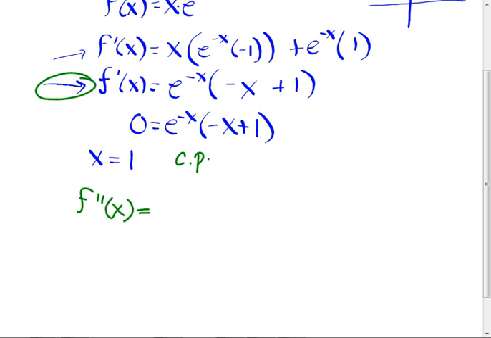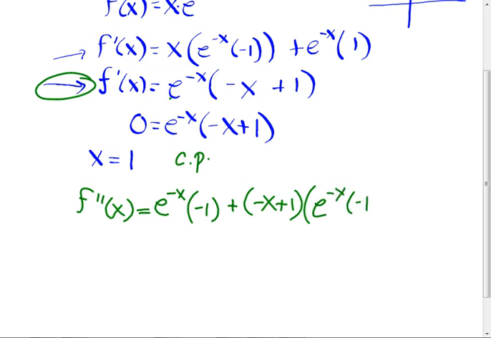So I want to, but... So it's e to the minus x times the derivative of minus x plus 1. Negative 1. Plus, and a minus x plus 1 times the derivative of e to the minus x, which is minus x times negative 1.